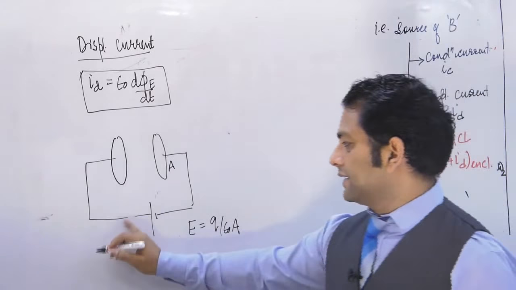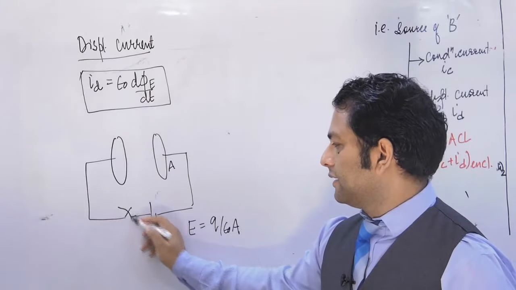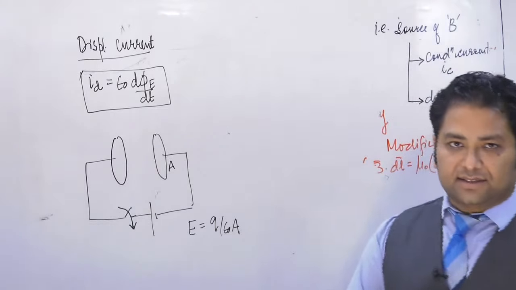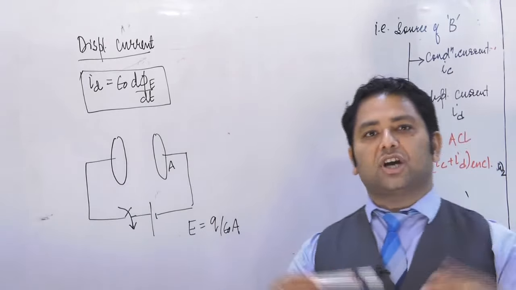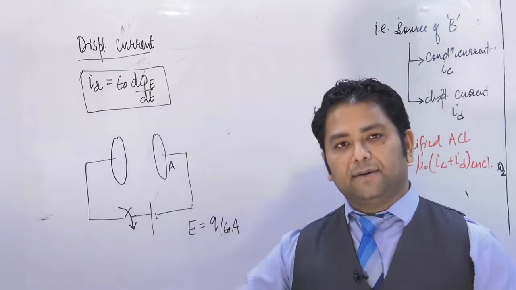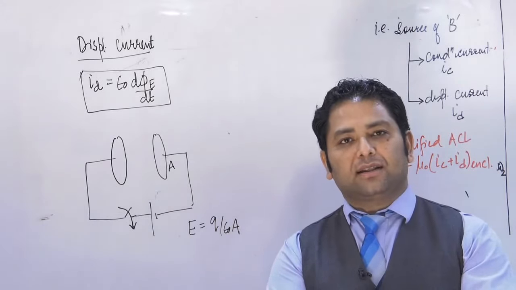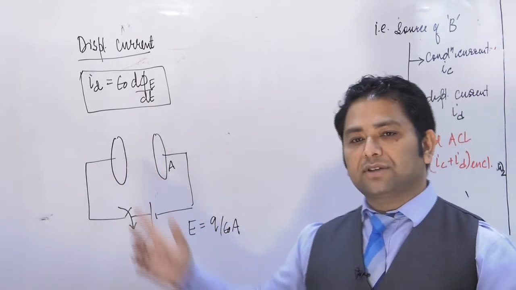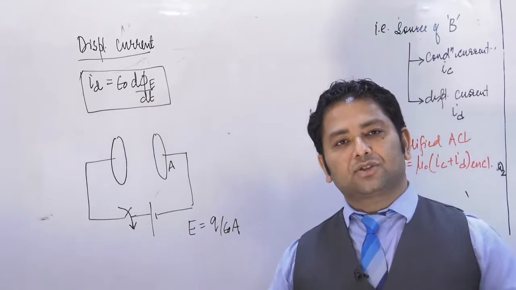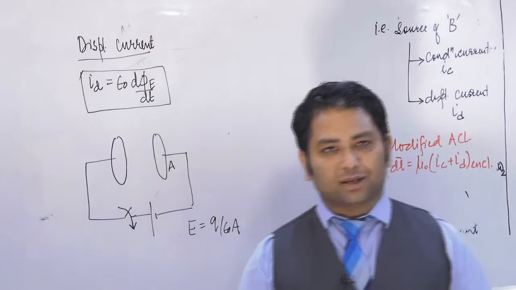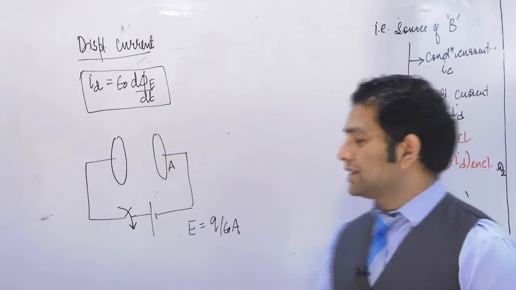Now let us say that it's something like this. This is closed. That means in the charging phase, when the capacitor is getting charged up, current would be there. And once it is completely charged, the current would be zero, because now the capacitor is full stomach, so it does not want any charge, so the flow would be zero.